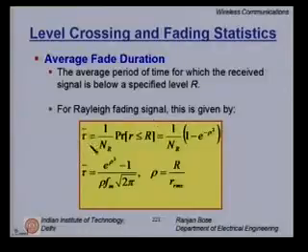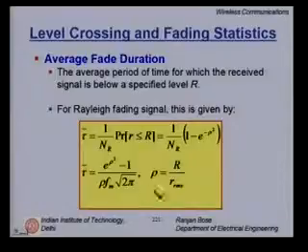For Rayleigh fading distribution, this average fade duration is given by, first of all, when you calculate it, tau average is 1 over N_R times the probability that r is less than a specified threshold R, and if you carry out the simple calculations using the Rayleigh distribution, you get tau bar is equal to e raised to rho squared minus 1 in the numerator, and in the denominator rho Fm, Fm being the maximum Doppler spread, under root 2 pi.